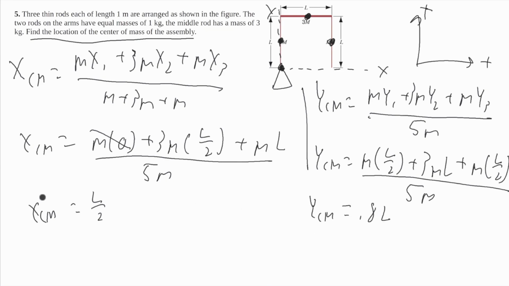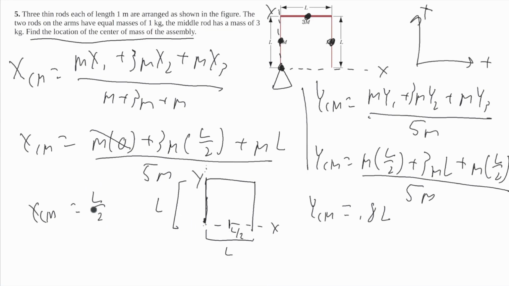Now that we've found both the x center of mass and the y center of mass, I'm going to draw my coordinate system and find the total center of mass of this assembly. So I'll draw my x and y axes. That'll be my x, that'll be my y, and I'll just draw the diagram here. There's one rod that goes vertical there, one rod that's horizontal, and another that's vertical. And this here will have a length of L, and the base here will also have a length of L. And our x center of mass is L over 2, so that'll be in between here.